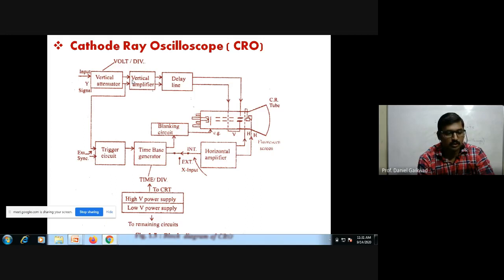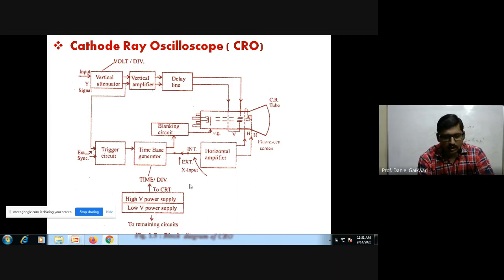One block deflects the beam of electrons in the vertical direction, the second block deflects the beam in the horizontal direction. And we have a power supply, a high voltage power supply and a low voltage power supply. That power supply is given to different blocks of the CRO.